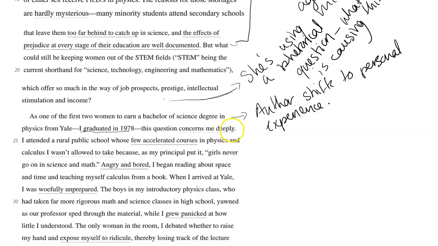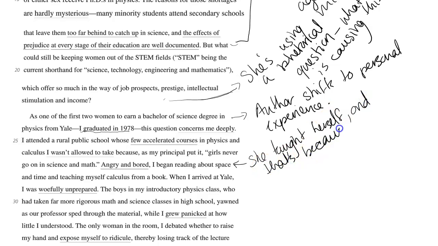"This question concerns me deeply. I attended a rural public school whose few accelerated courses in physics and calculus I wasn't allowed to take because, as my principal put it, girls never go on in science and math. Angry and bored, I began reading about space and time and teaching myself calculus from a book." So we notice that she taught herself, and that's because of her frustration with the system.